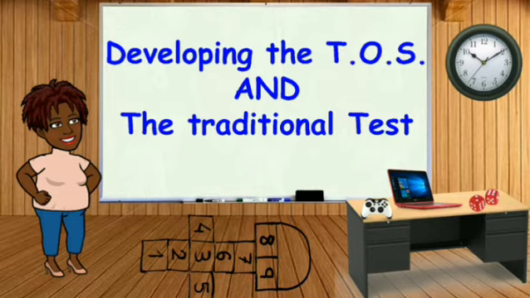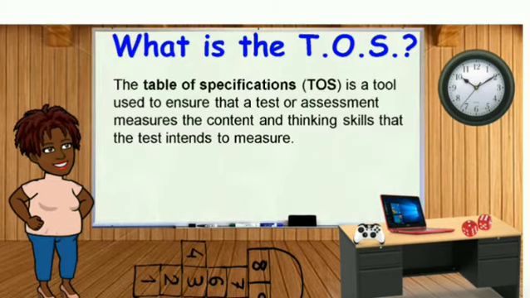And so we need to explore how we can develop these things online and also to administer them online. And we are going to start by using the Google Forms. First, we need to know what is the TOS. Now, the TOS is the table of specifications, and it's a tool used to ensure that a test or assessment measures the content and thinking skills that the test intends to measure.